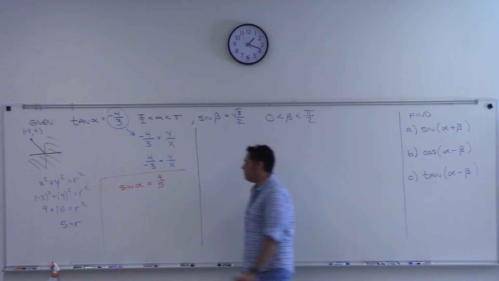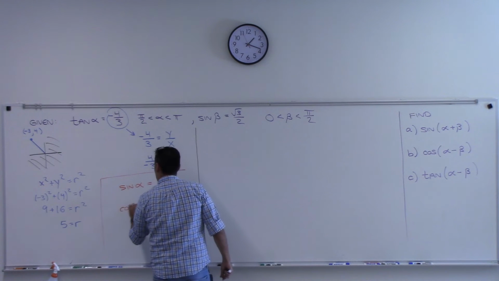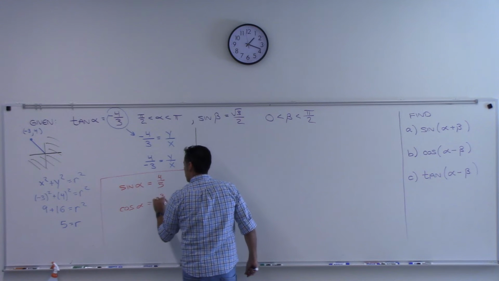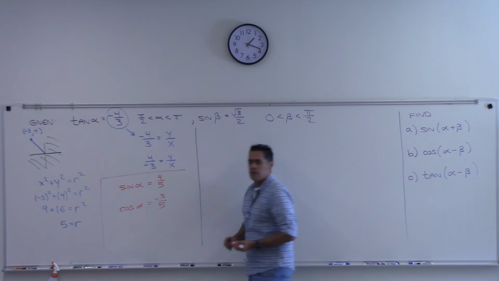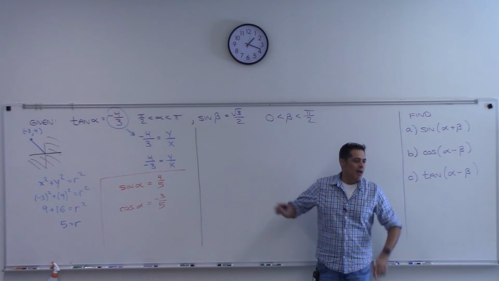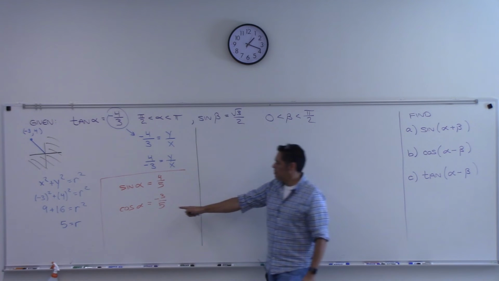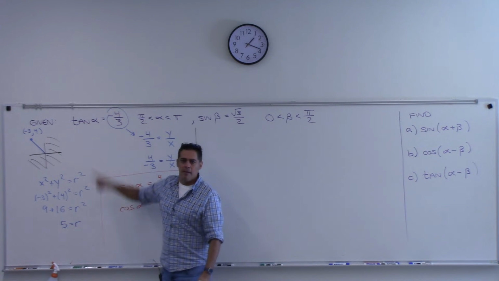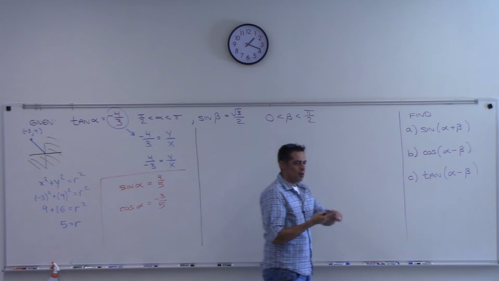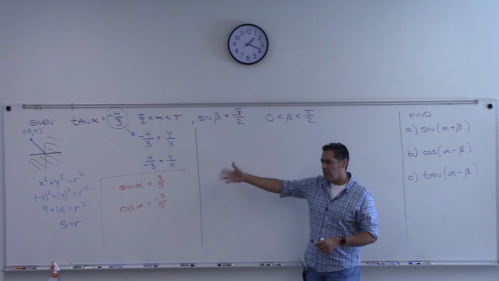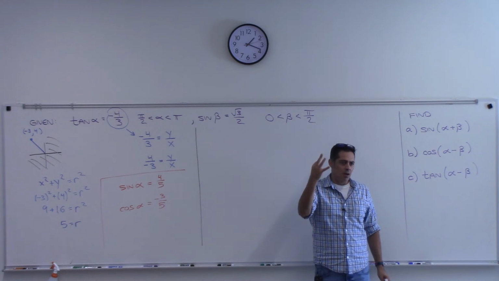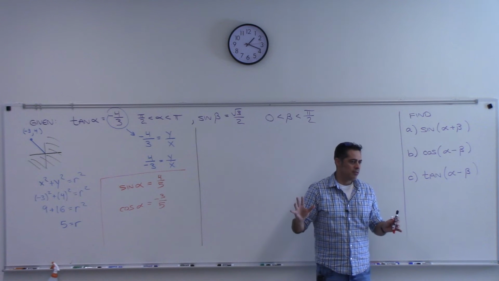And then cosine of alpha would be -3 over 5, right? I don't need to write down what tangent is, do I? Because I have tangent, right? And I don't need to write down secant or cotangent because it's just all those flipped over. So those three alone should be everything I ever need, yes?